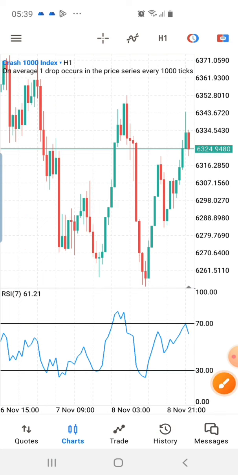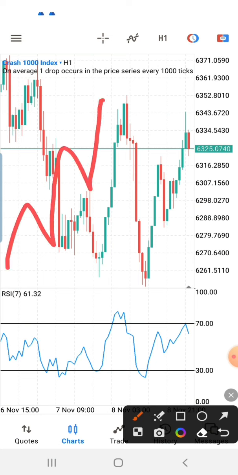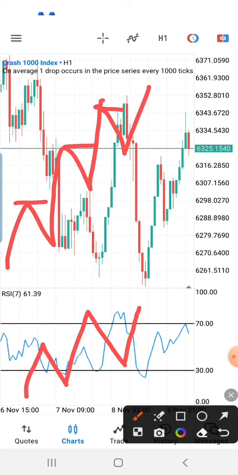So we are using the relative strength index because it's actually showing us the strength of the market, the strength of buyers and sellers. Let's say the price is pushing in the upward direction, you are trending to the upside, and the price is still breaking highs, breaking highs, breaking highs, we need to see weakness through the indicator. The price can keep breaking highs, and in the indicator too.